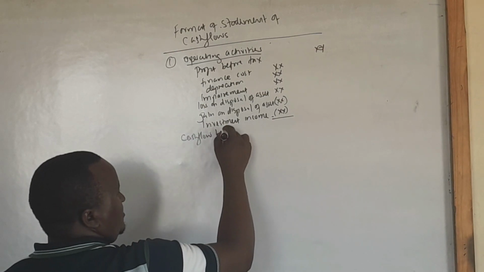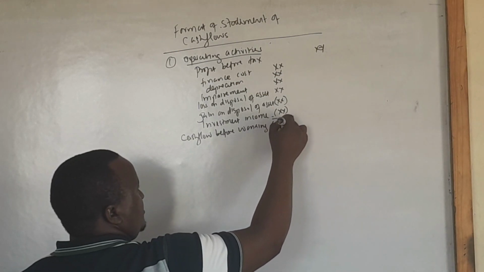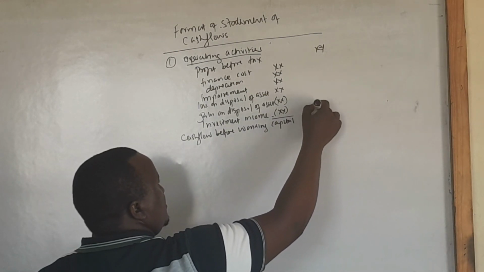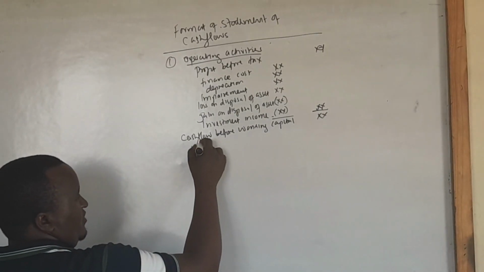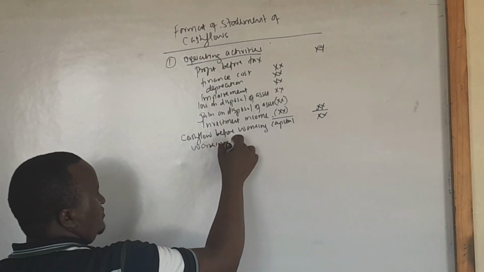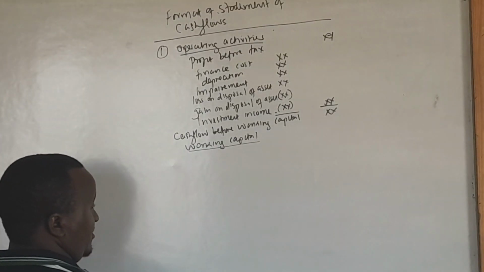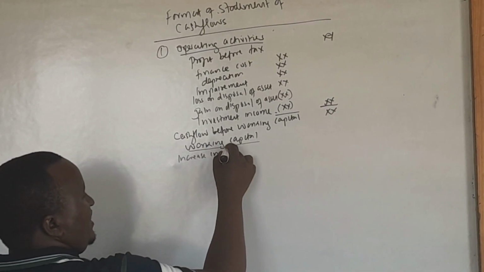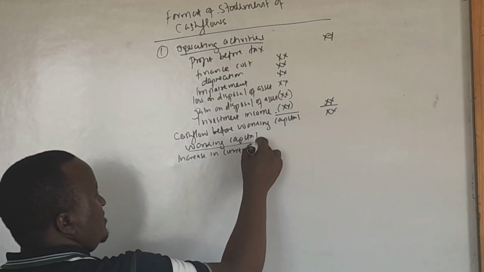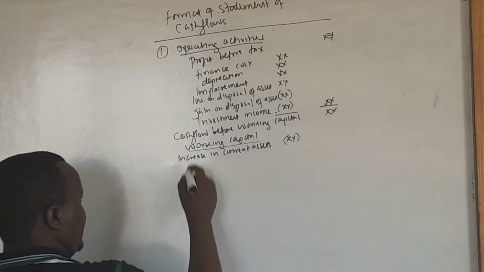This one gives us the cash flow before working capital. Then you look at the working capital. In the working capital, you look at the increase in current asset. Increase in current asset, you minus.